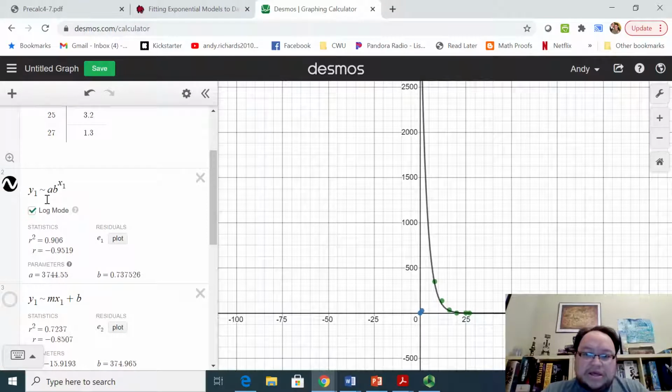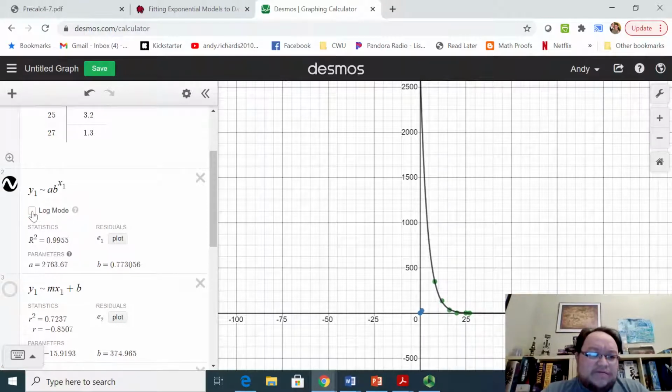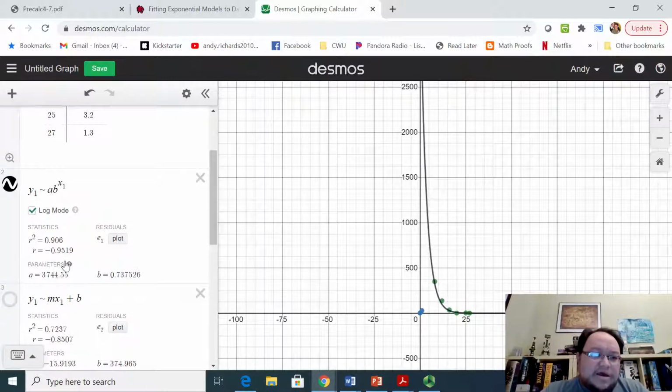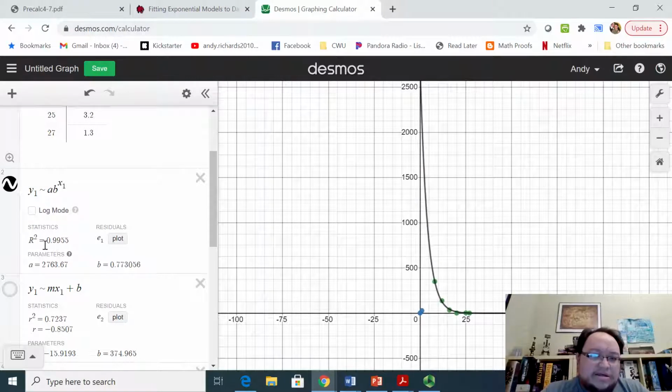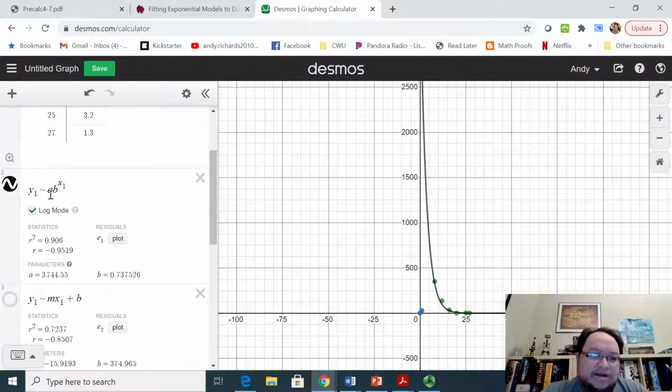You can kind of see what it looks like here. It's kind of hard to see with it zoomed out the way it is, right? But if I had left it without it, notice that it doesn't quite match what I want it to be. I want it to have this negative value in here. So in this case, we are going to use that logarithmic mode in order to get that.